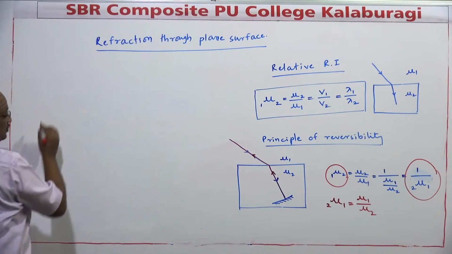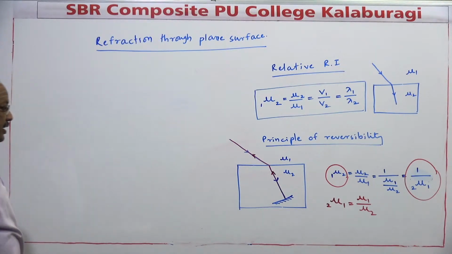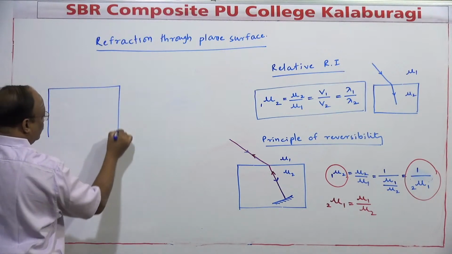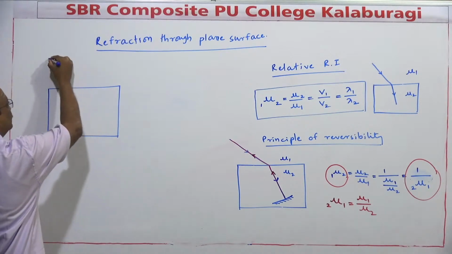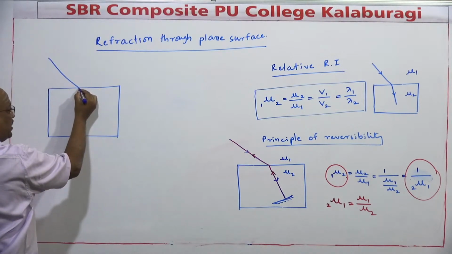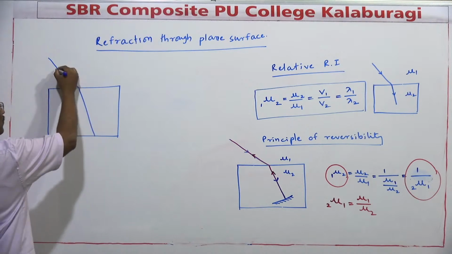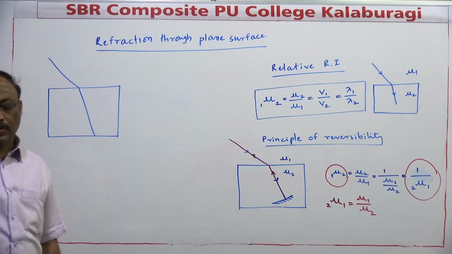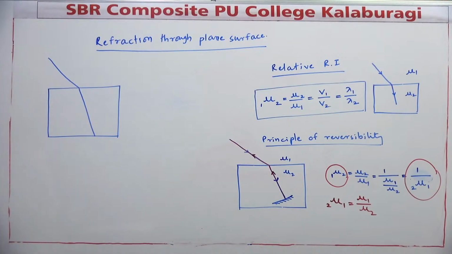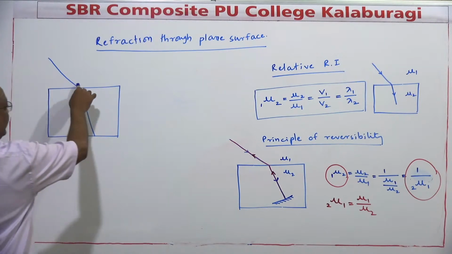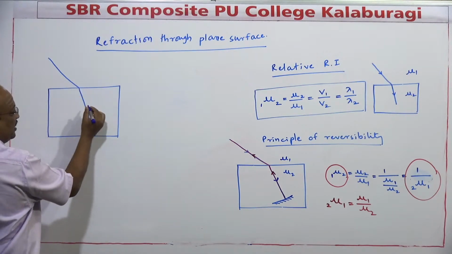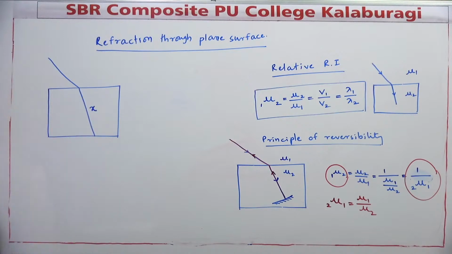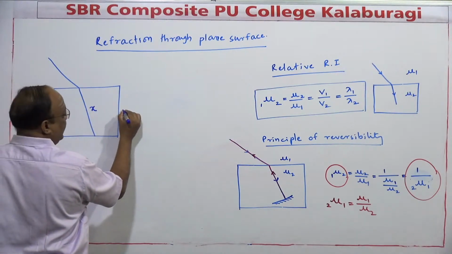So next, if a ray of light is traveling from a rarer medium to a denser medium, it travels a distance x in time t.